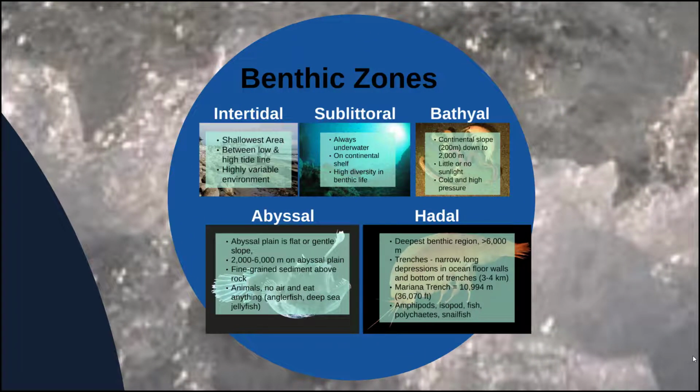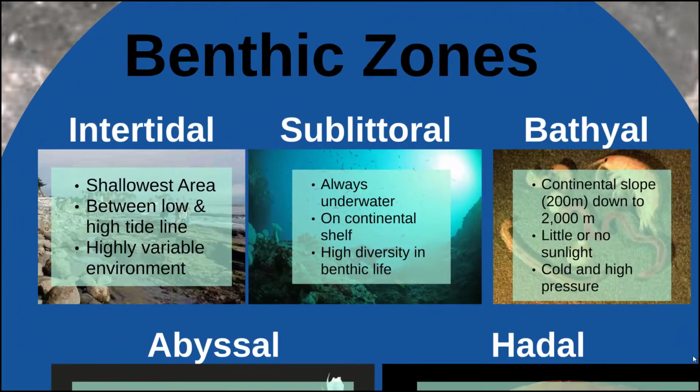So across benthic zones, we have several subcategories. We start off with the shallower and eventually reach the deeper of those benthic zones. The shallowest is the intertidal zone, which is an area between the high and the low tide line. So this is where the sea and the land merge and meet.